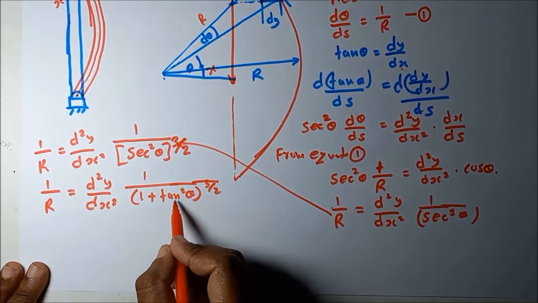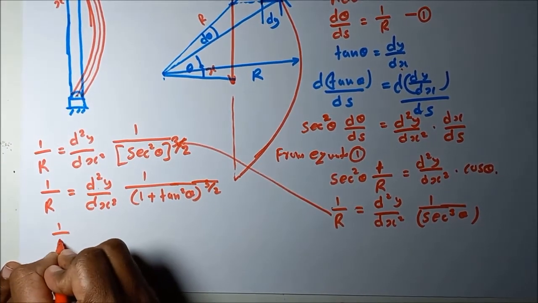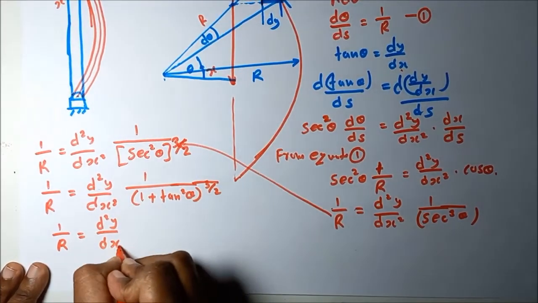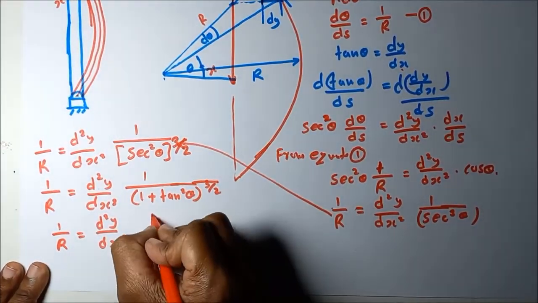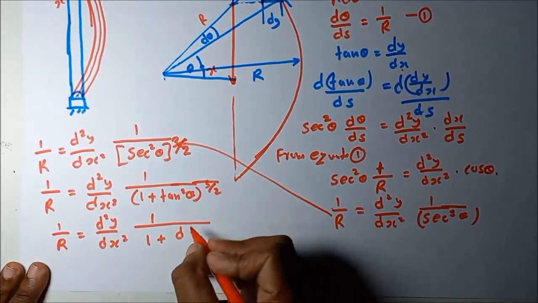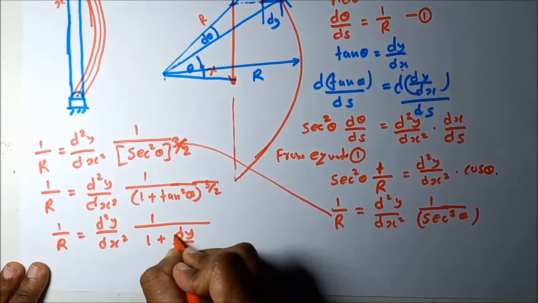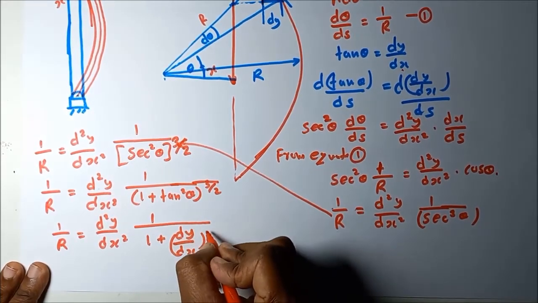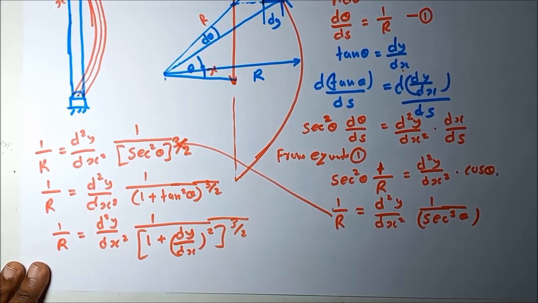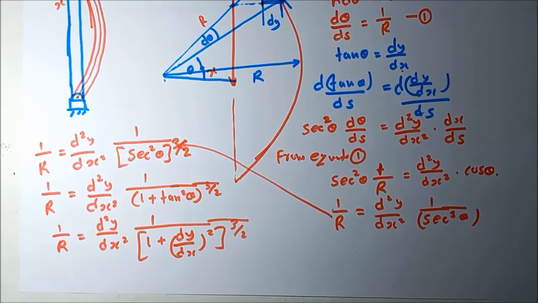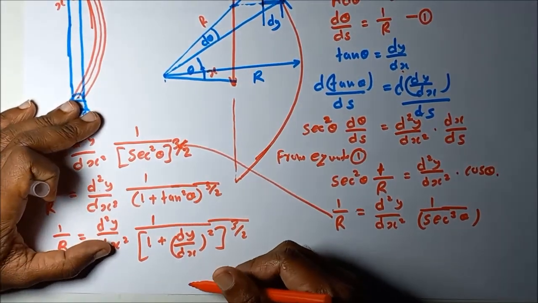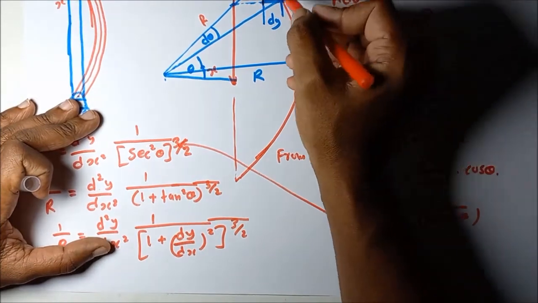So I'm going to put this in here: 1 over r is equal to d2y over dx square into 1 divided by (1 plus (dy over dx) square) to the power of 3 over 2. Finally, we are obtaining this equation. In this equation, you can see dy over dx. What is the dy over dx?